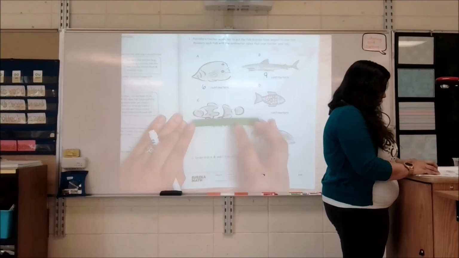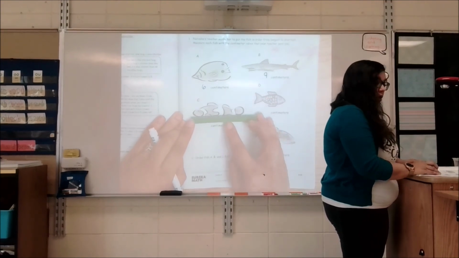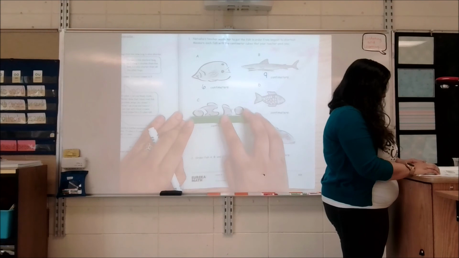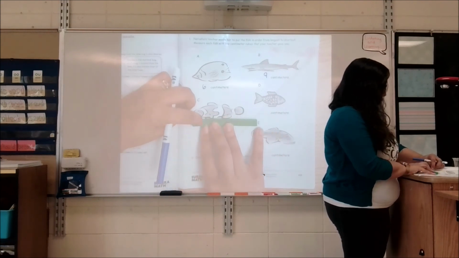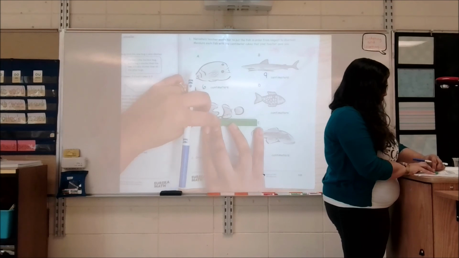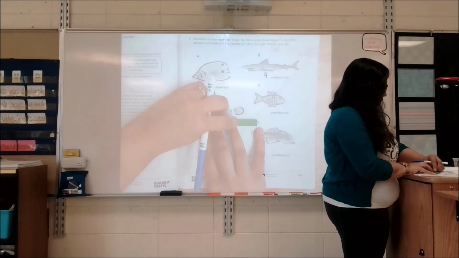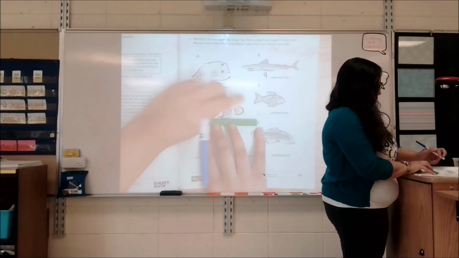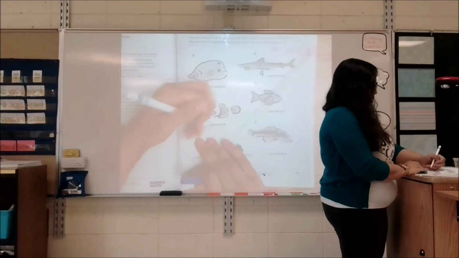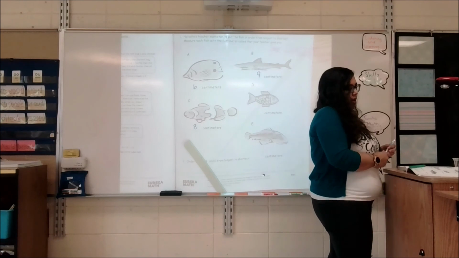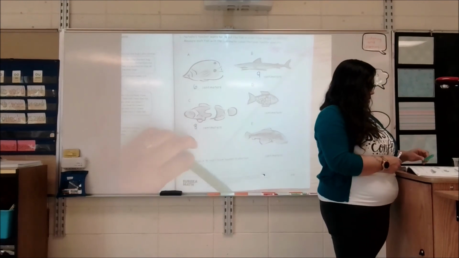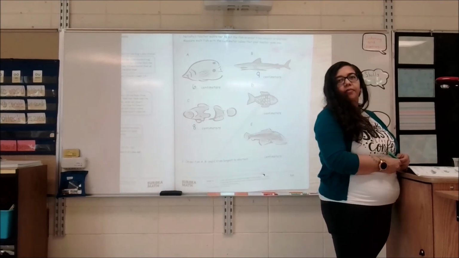So we're going to turn it this way, and we're going to measure from one end all the way to the other end of this fish here. We're going to say that he is 1, 2, 3, 4, 5, 6, 7, 8. 8 centimeters long. Marlin Nemo is 8 centimeters long. Good job.